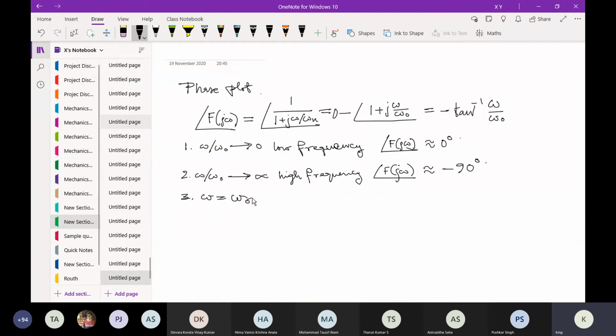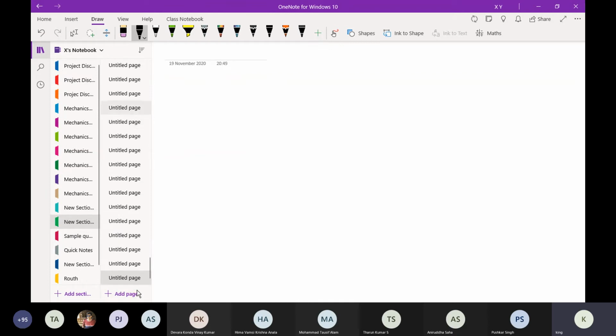Omega is equal to omega 0, minus 45 degrees. So once again we have got three parts of the plot.